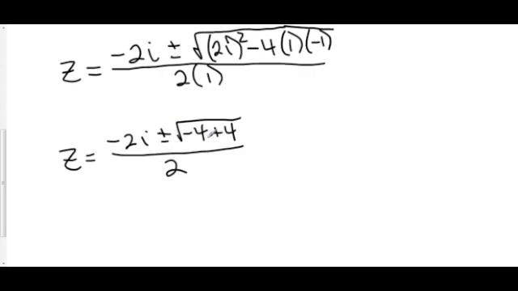Well, negative 4 plus 4, that's just 0, so that goes away. That means the plus or minus 0, that whole thing goes away. We're left with negative 2i over 2. This means that z is equal to negative i.